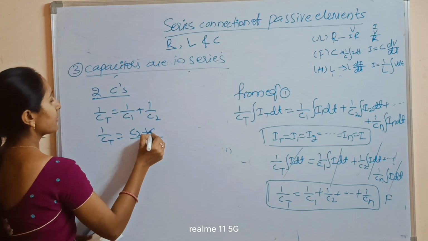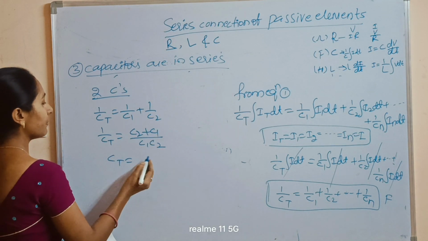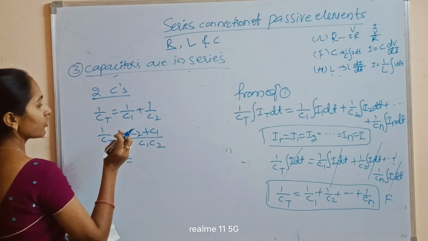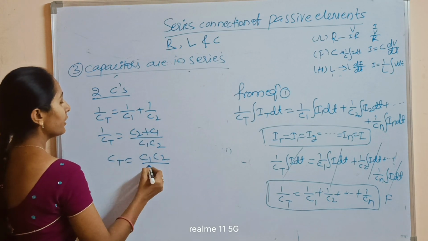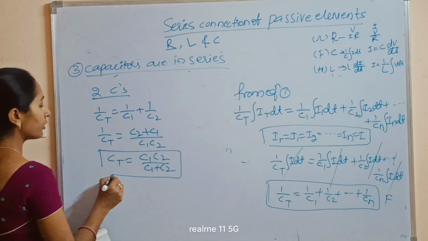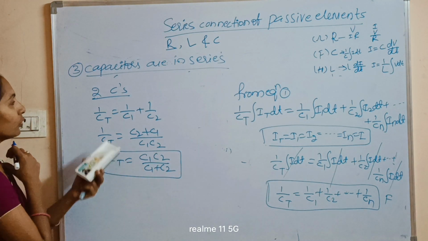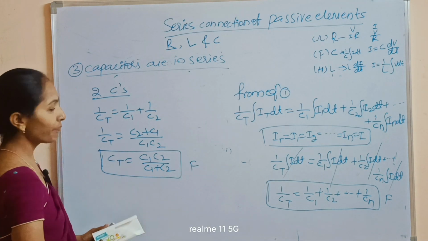So C2 plus C1. We need C total, so C total is nothing but the denominator acts as numerator and numerator as denominator. So C1 C2 by C1 plus C2. Okay, this gives the total capacitance when two capacitors are connected in series, in terms of farad.